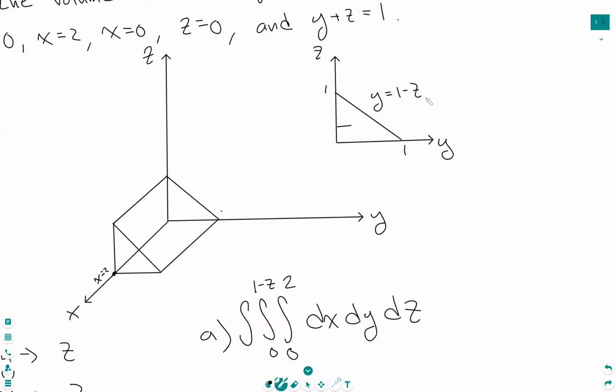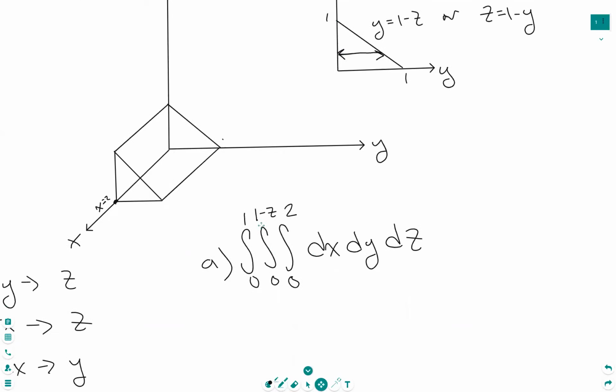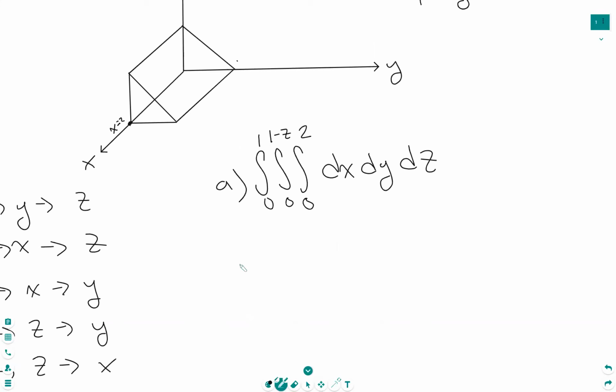It's also that. If you just rearrange this, this is also z is equal to 1 minus y. So we were doing traces in the y direction here. And then we need to find out the range of these traces in the z direction because we're doing z last. So this goes from 0 all the way up to z equals 1. So that's our first way of how we write this volume in the specific ordering.